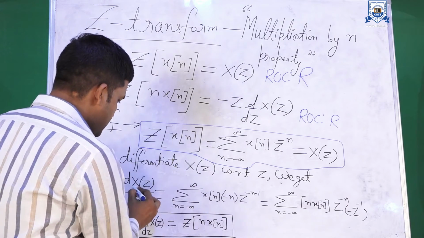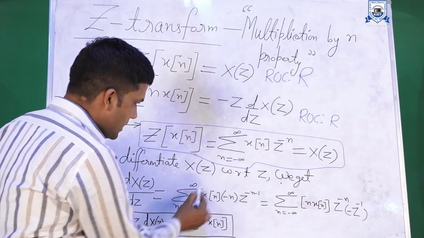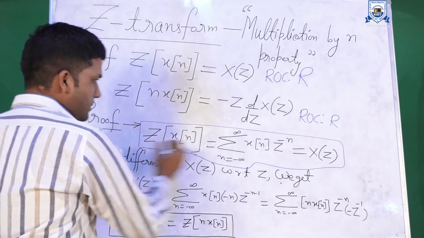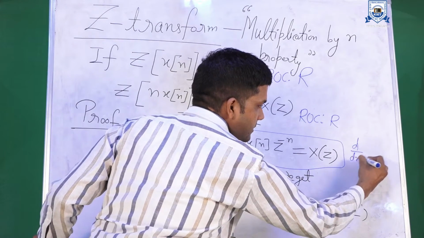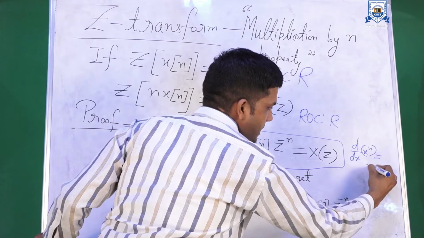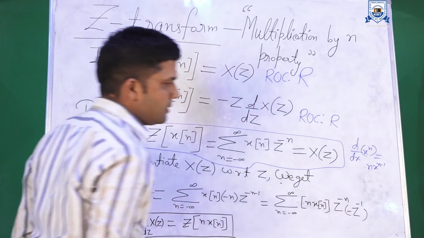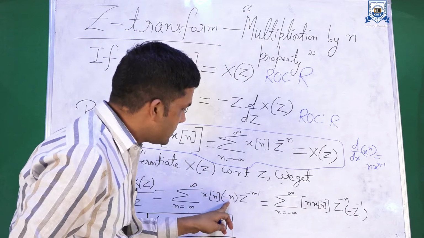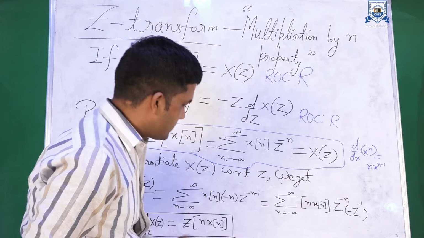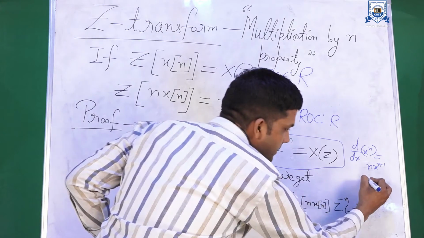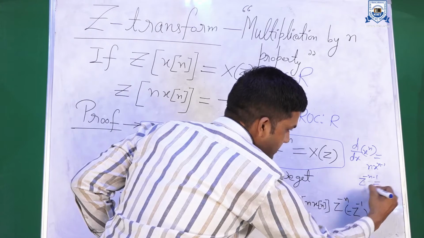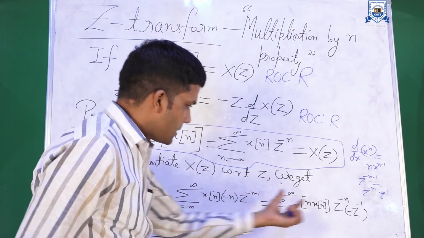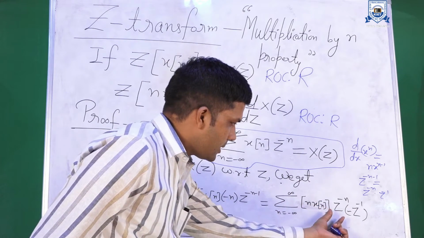Then we get dX(z)/dz equal to the sum from n equals minus infinity to plus infinity of x[n], and we know the differentiation property gives n z to the power minus n minus 1, so we get minus n z to the power minus n minus 1. So we may write it as n x[n] z to the power minus n.